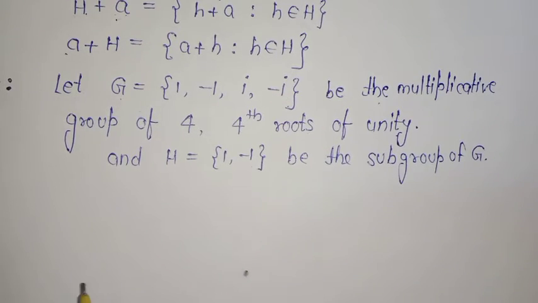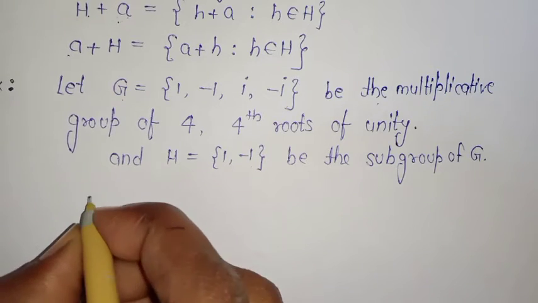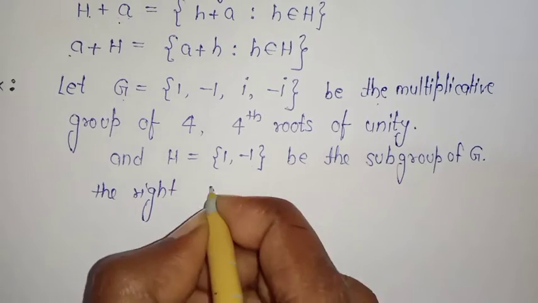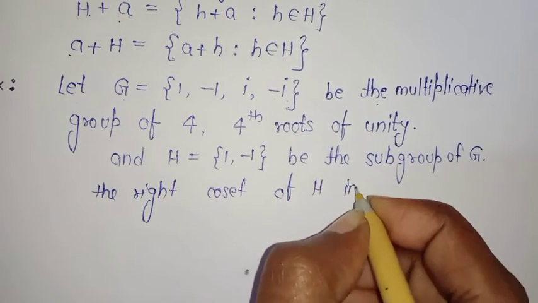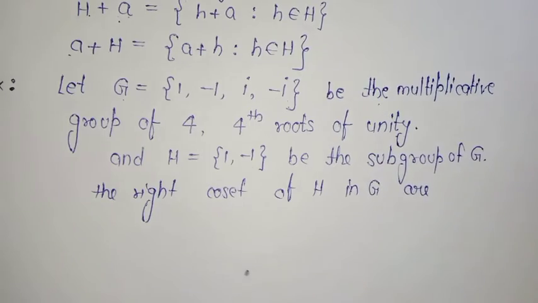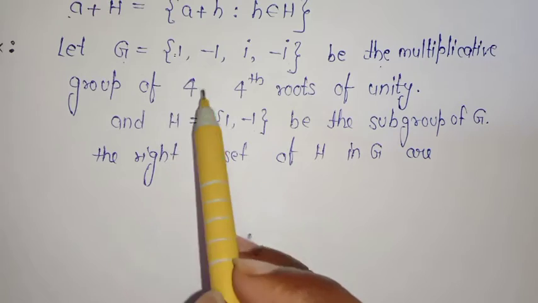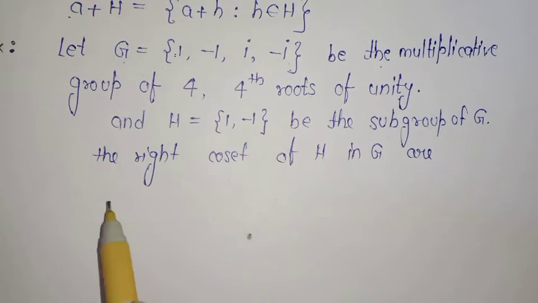So in order to find the coset, firstly we find the coset of H in G. We will take one element of the group and multiply it with the subgroup H, and then we see whether it is forming a coset or not.